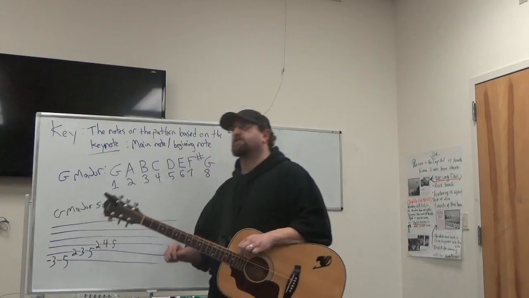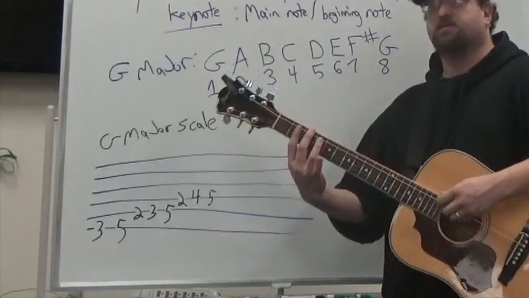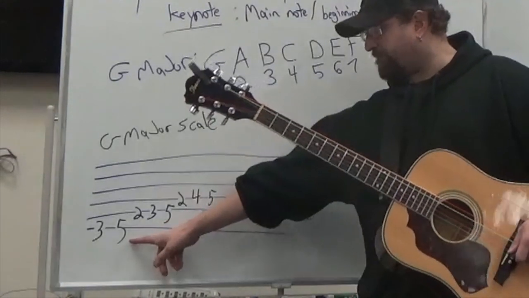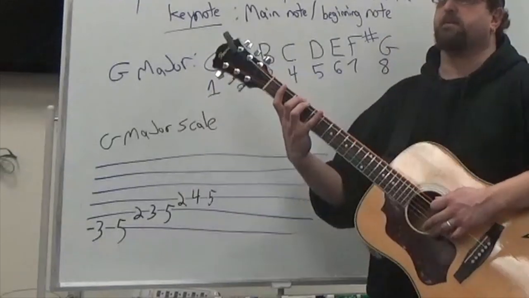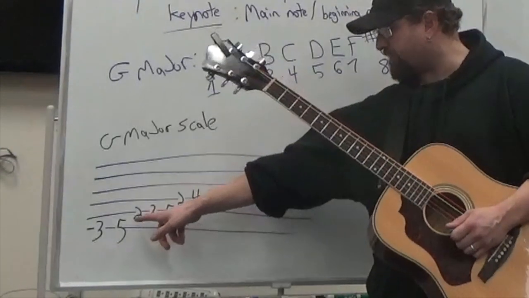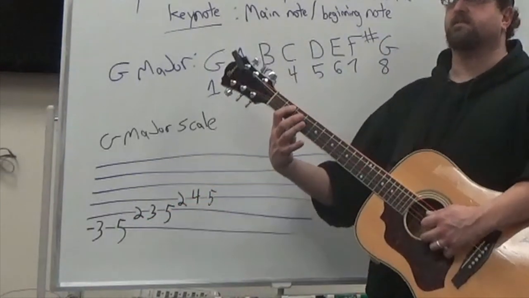Alright, so with our first note of the scale, we're going to use the middle finger. So we're going to go 3, with the middle finger. The 5th fret, the second note, is going to be done with the pinky. Then when we move to this string, that 2nd fret is going to be done with the 1st finger.